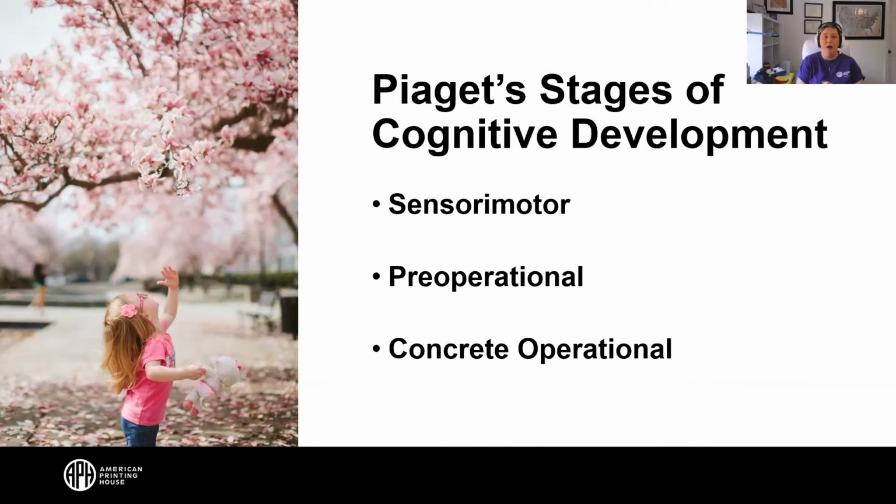Okay, pause. Now what I want you to think about is, what about the pre-operational stage? That onset of language and that beginning use of symbols. What items might you be using for that onset of language and the beginning use of symbols, that pre-operational stage?